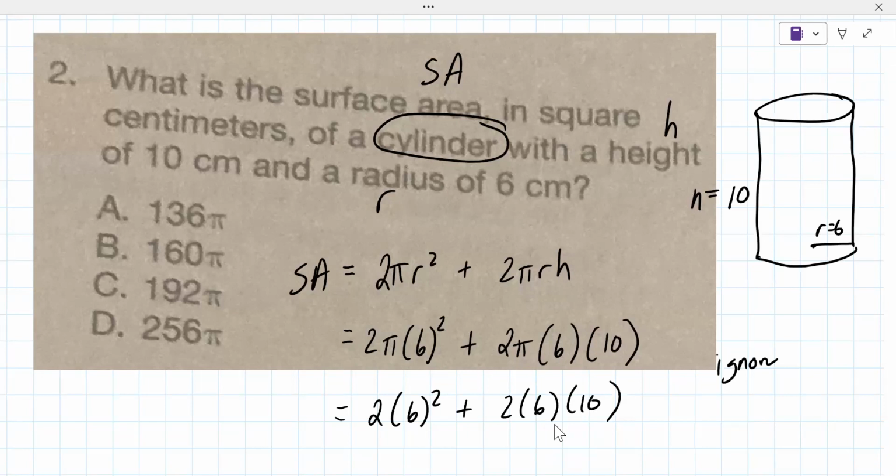You gotta square the 6 first, order of operations, square before you multiply.